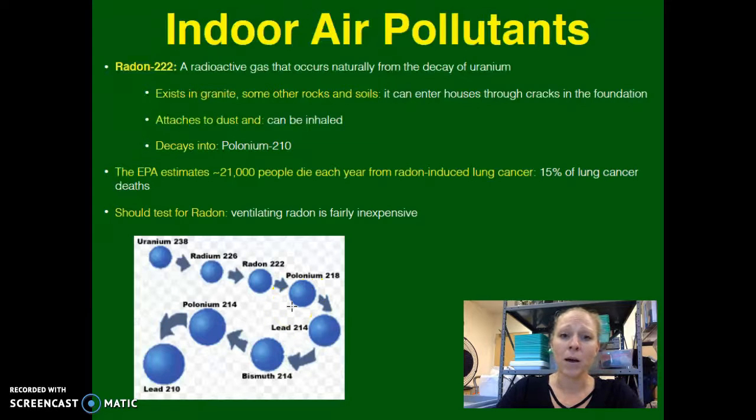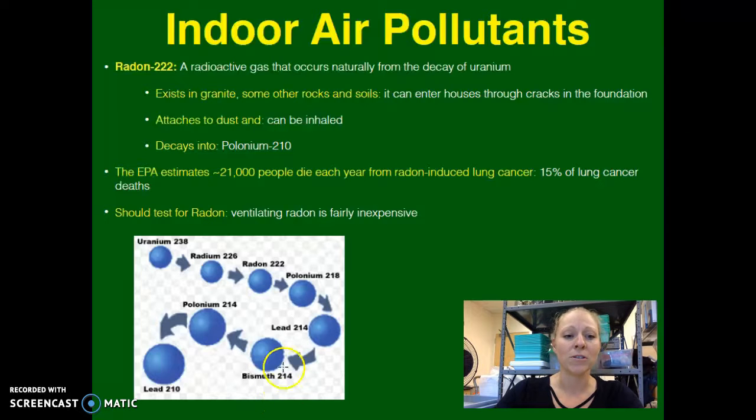When you have rocks like granite and soils, the radon in there can enter through the cracks of the foundations in your house, and it attaches to dust particles. When you inhale those dust particles, that radon can have carcinogenic effects on you. And so this is detrimental.